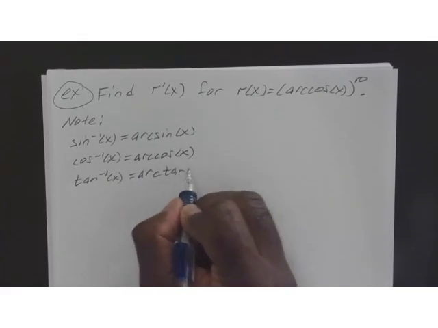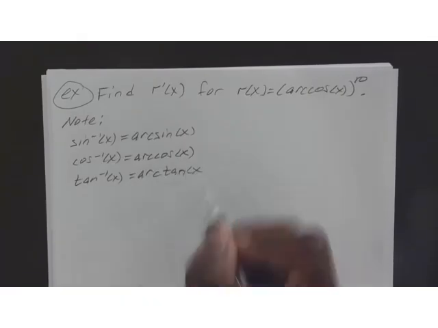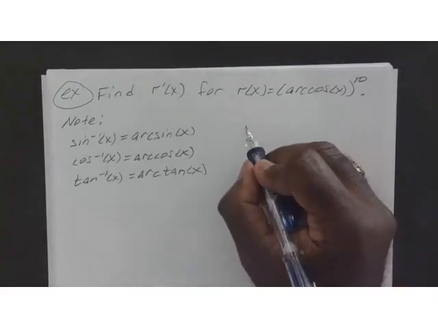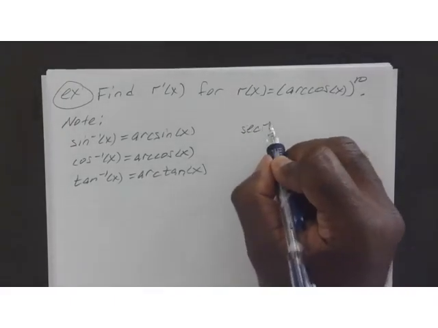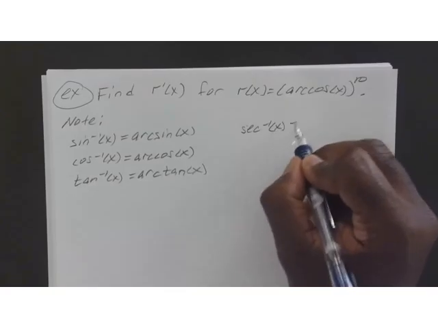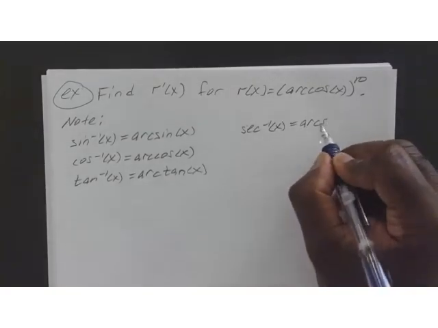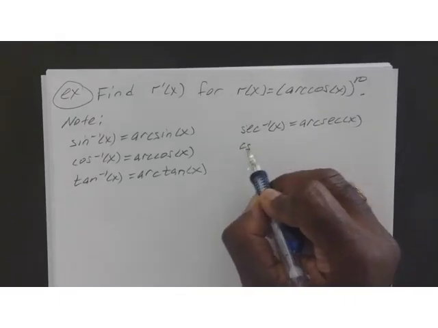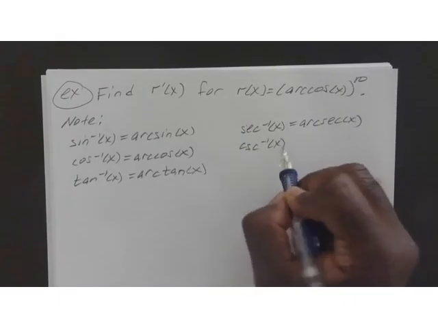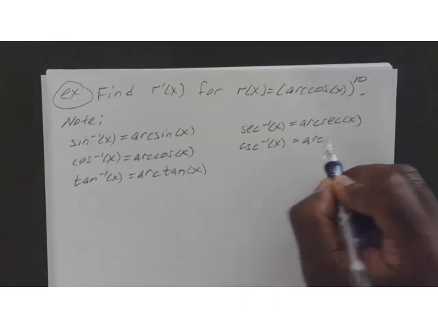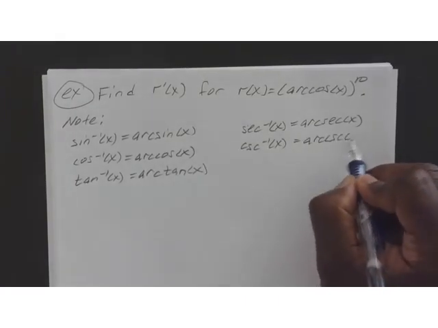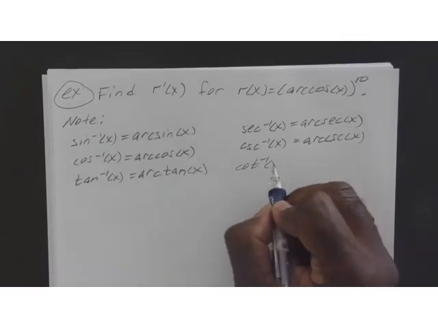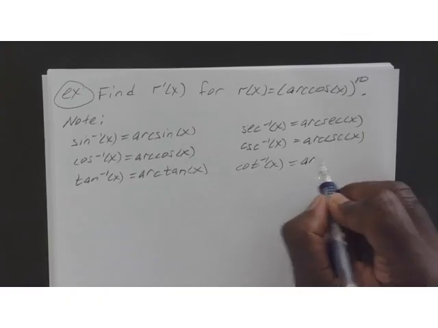They call it arctangent of x. Secant inverse of x is arcsecant. Cosecant inverse of x is arccosecant. And cotangent inverse of x is arccotangent.